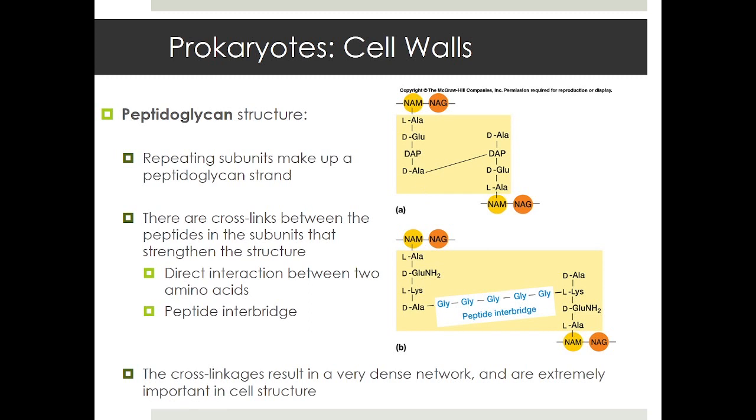When we look at the polymerization events that create peptidoglycan, we're having these small subunits that are going to be linked to neighboring ones by these little amino acid bridges. As they get extended and attached to one another, they're eventually going to form a very thick, highly concentrated, solid wall that is very difficult to penetrate.